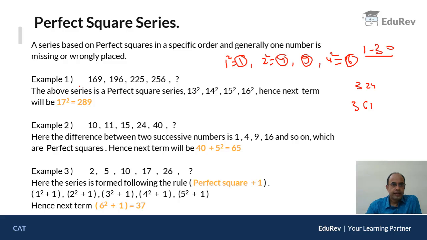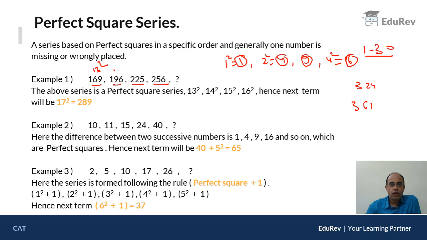Now let us understand what a perfect square series is. A series which is based on perfect squares, and again either one number is missing or wrongly placed, is said to be a perfect square series. Now, 169, 196, 225, 256. If you have mugged up, then the moment you see these numbers, it will strike you, oh, this is 13 square.